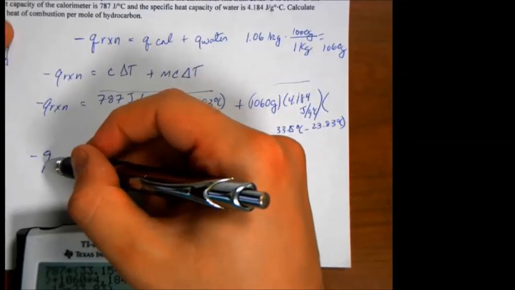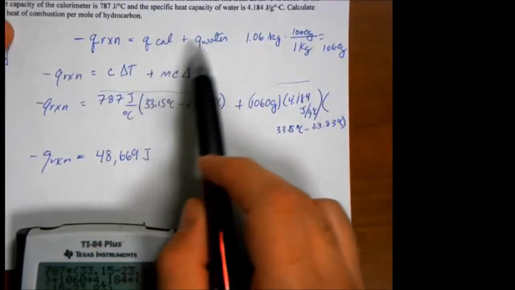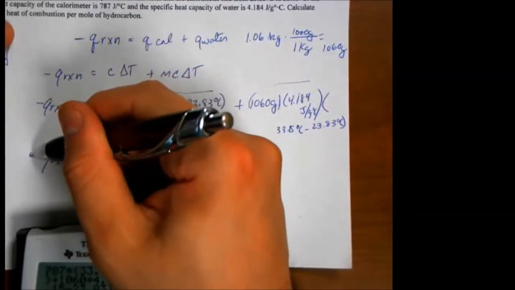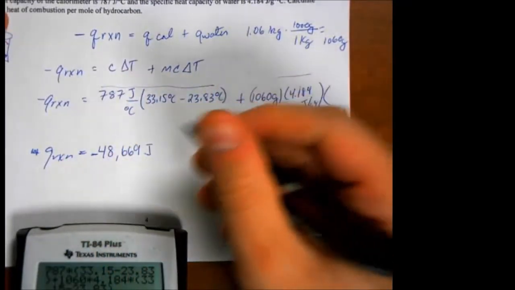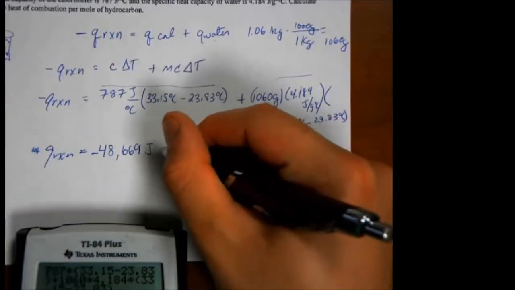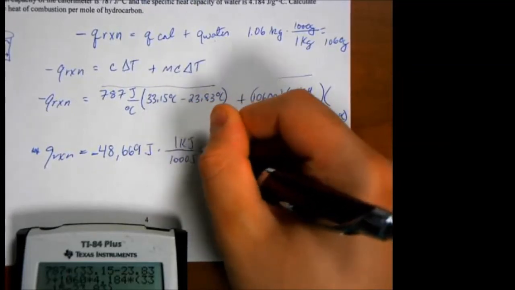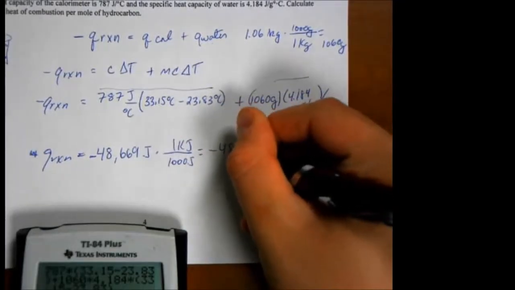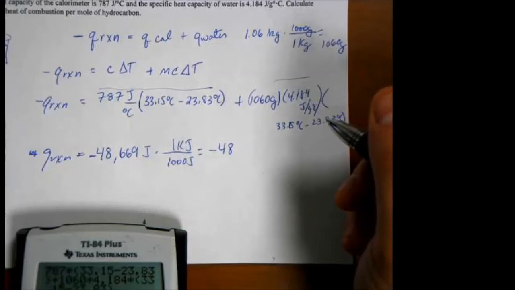Remember, we have minus Q of reaction because whatever happens over here, if these are gaining heat, the reaction must have lost heat. So we can transfer that minus sign over to here. So our Q of the reaction is going to be minus 48,669. Just for convenience, you can convert this to kilojoules, 1,000 joules for every 1 kilojoule. It's not required, but it does make it look better because typically you report your values in terms of kilojoules.